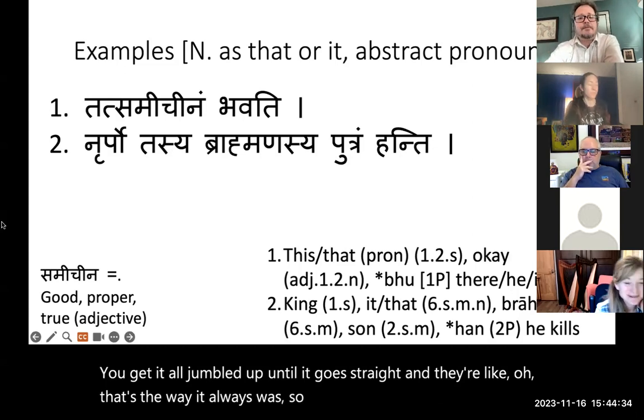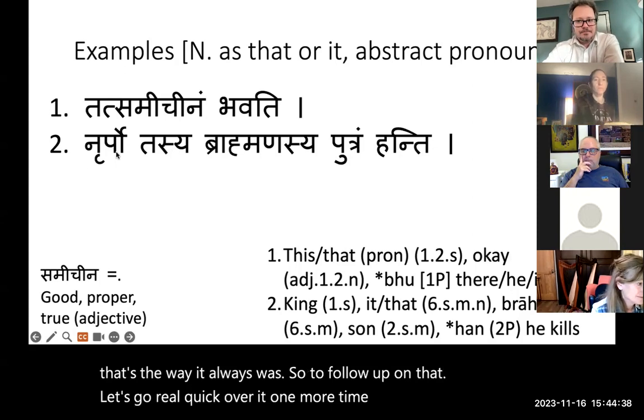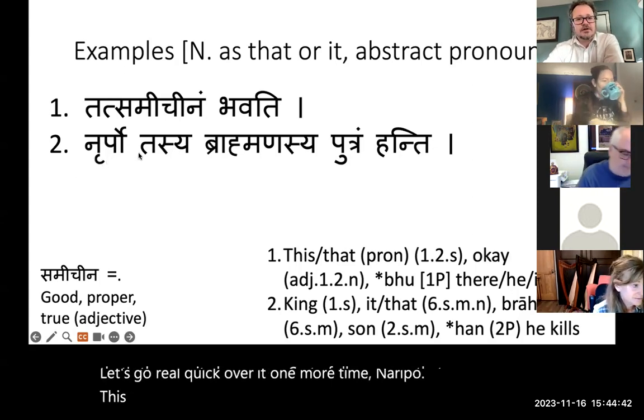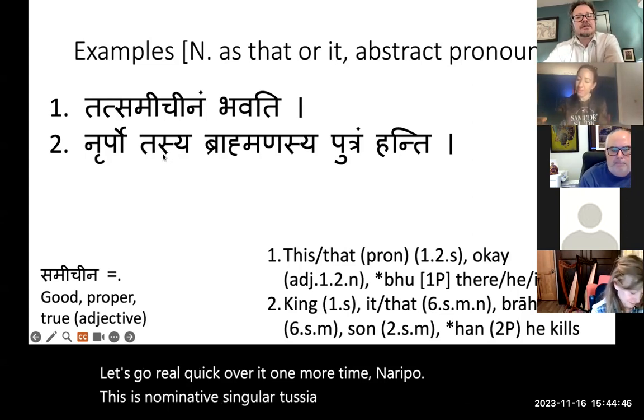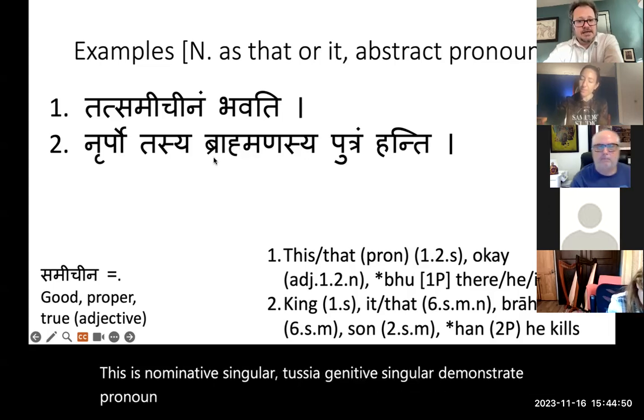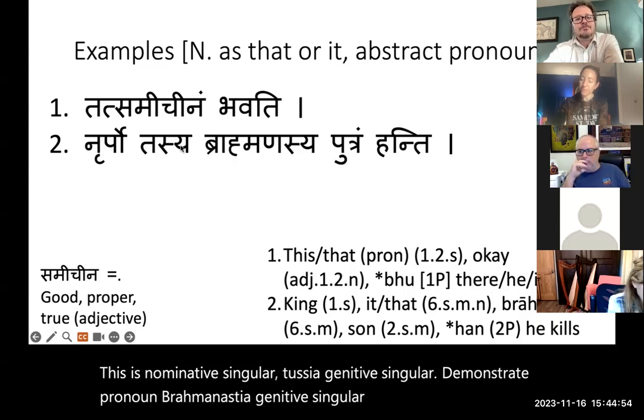So to follow up on that, let's go real quick over it one more time. Nripo: this is nominative singular. Tasya: genitive, singular, demonstrative pronoun. Brahmanasya: genitive, singular, noun.